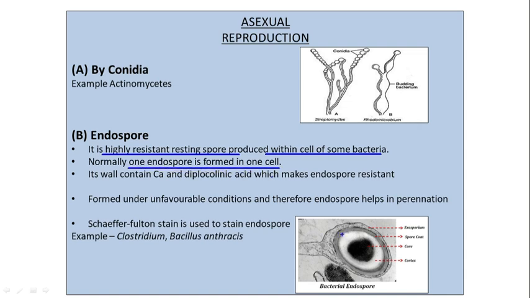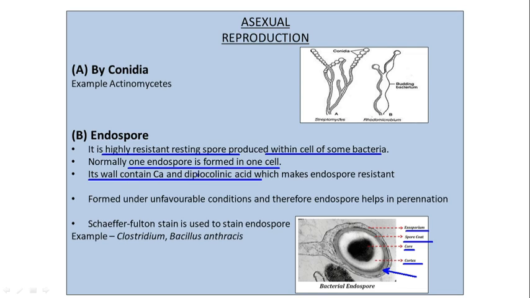Let us consider this diagram. As you can see here, this is the structure of a bacterium, and inside we have the structure of the bacterial endospore. One endospore is formed in the entire bacterial cell, and it has a cortex, a core area, then spore coat and exosporium. Its wall contains calcium and dipicolinic acid.